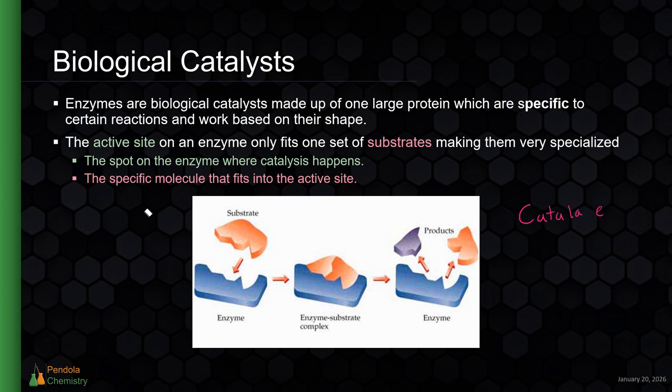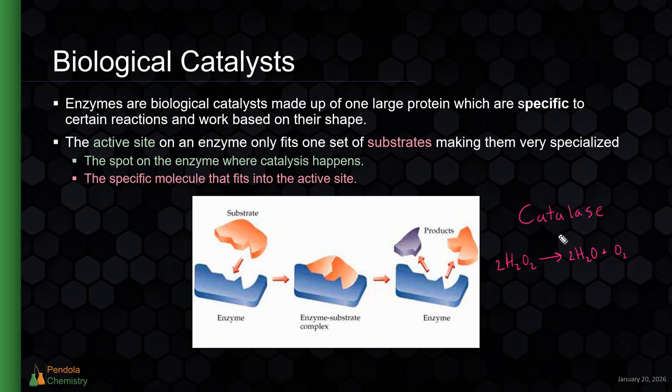Catalase is an enzyme, a large protein, that catalyzes the reaction for the decomposition of hydrogen peroxide, H2O2, into water and oxygen. And this is what keeps essentially you alive if you ever consume any kind of hydrogen peroxide or other peroxides, because the catalase in your blood and in your cells will break down the hydrogen peroxide.